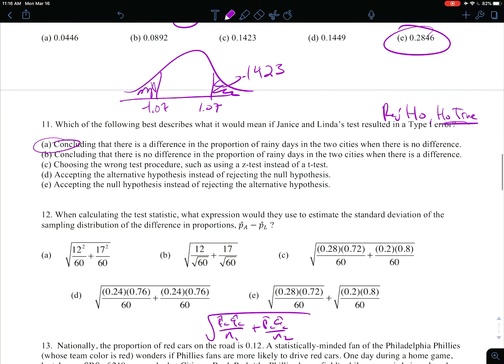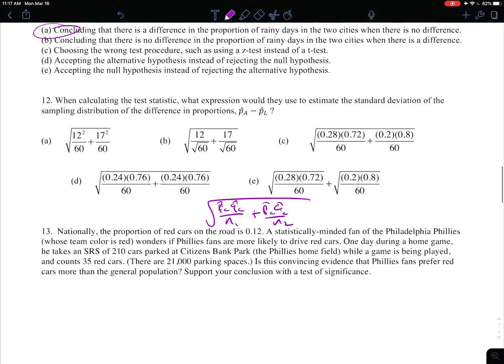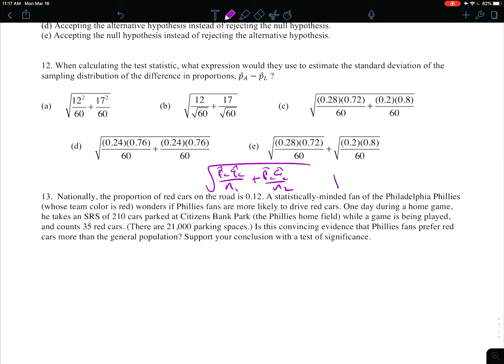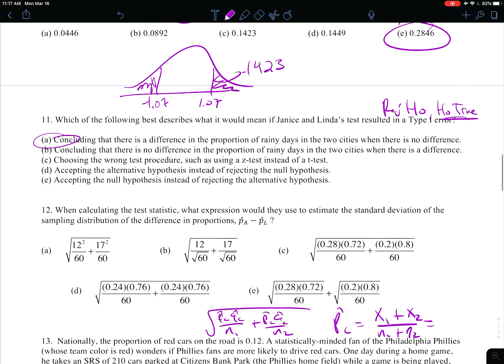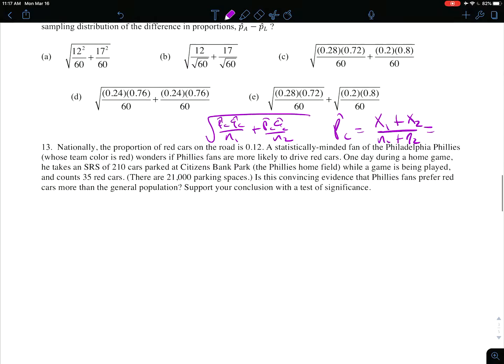Remember that in the two-prop z test, which is what this is, you have to pool, and p hat c equals x1 plus x2 over n1 plus n2, which, let's see, we had, I think, 17 and 12 successes. 17 and 12 over 60 plus 60.